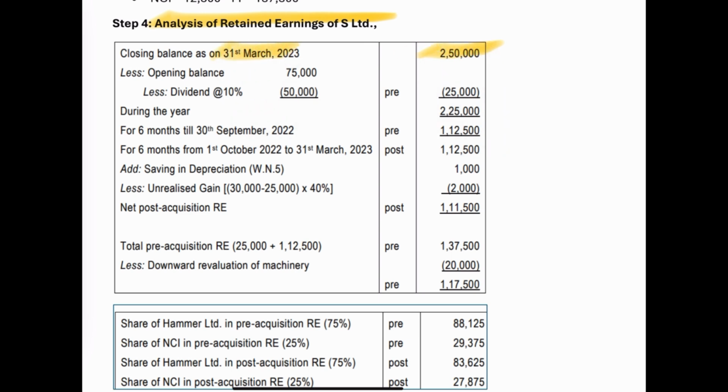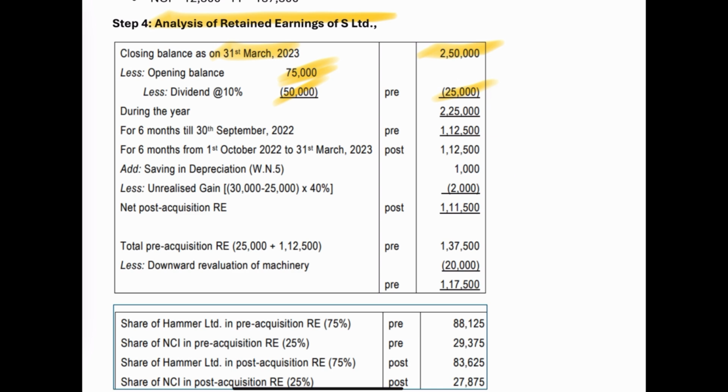Okay, then retained earnings as of 1st April 2022, it's given as 75,000. So from the retained earnings opening, in the sum it is given that 50,000 have been declared as dividend, which means the net profit is 25,000 during the year.